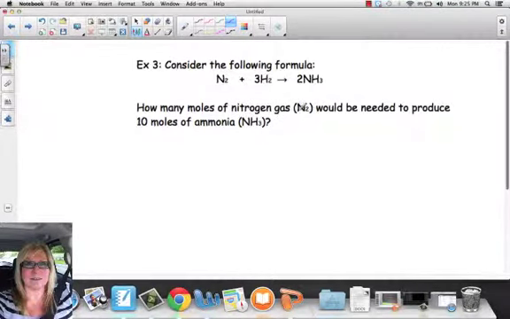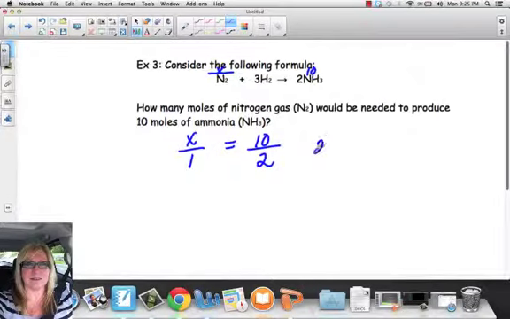How many moles of nitrogen gas will be needed to produce 10 moles of ammonia? Well, I don't know. That's what I'm looking for. So I'm going to put that over what I have in the balanced equation. Now I can set up a proportion. X over 1, because there's an unspoken 1 there, equals 10 over 2.